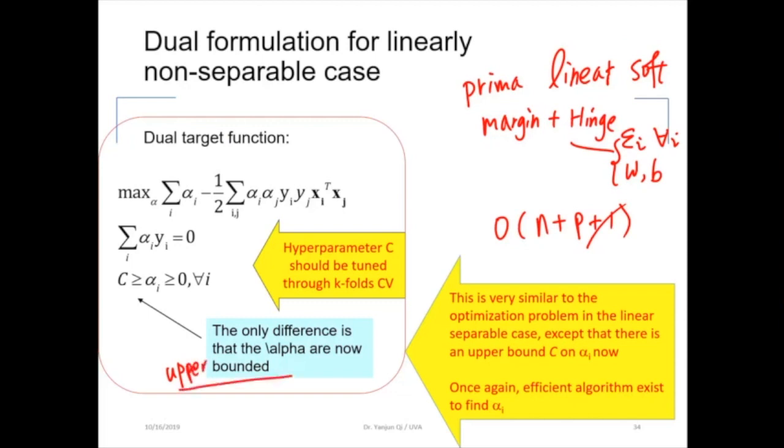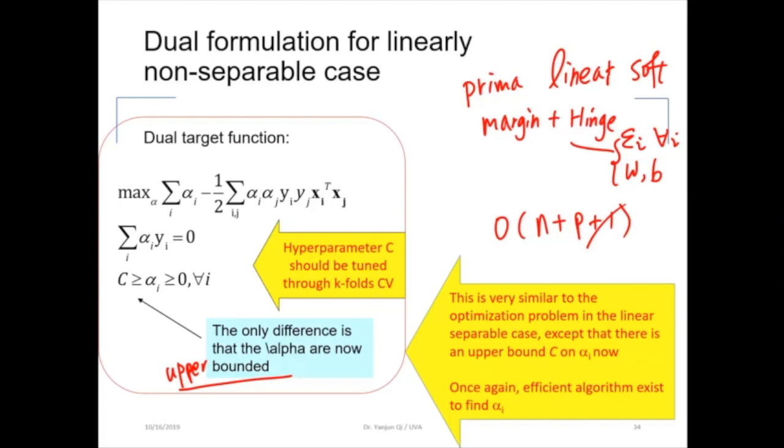And there exist very efficient algorithms to optimize this. But in the primal case, by allowing errors, you actually get a lot more parameters to estimate. And I haven't even talked about the kernel case, right? When you move to phi of x, and the W will be, yeah, we can talk about it later.